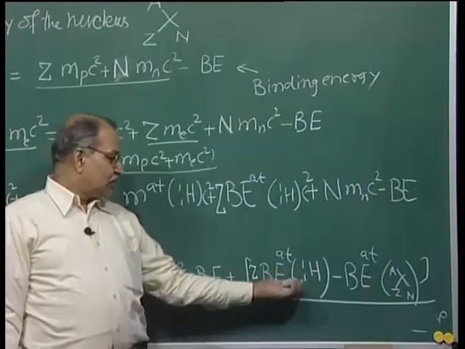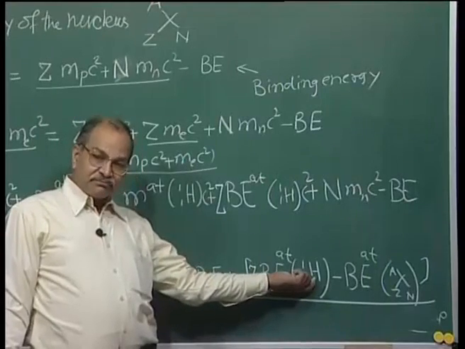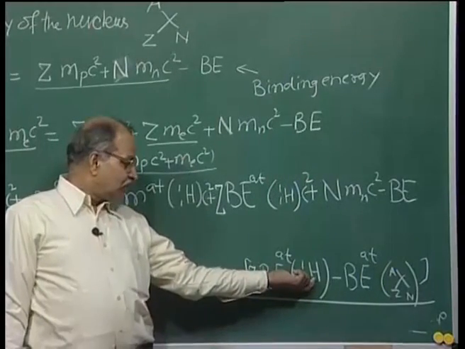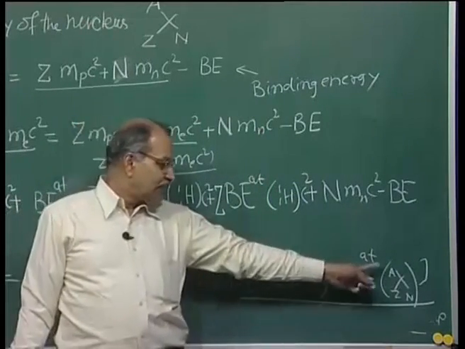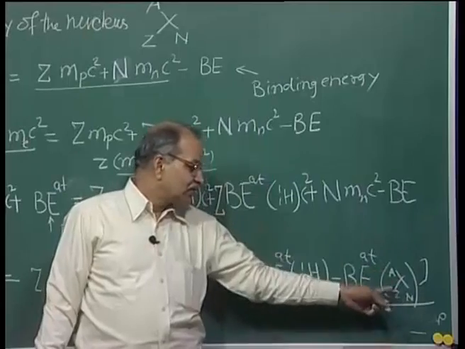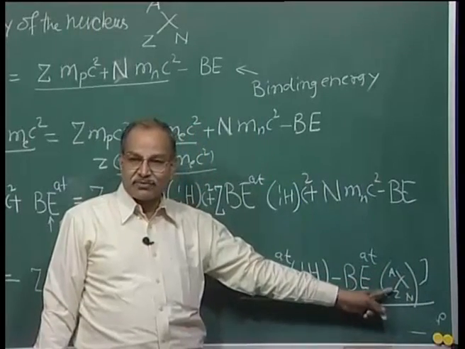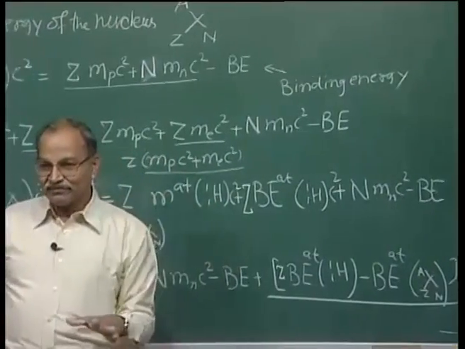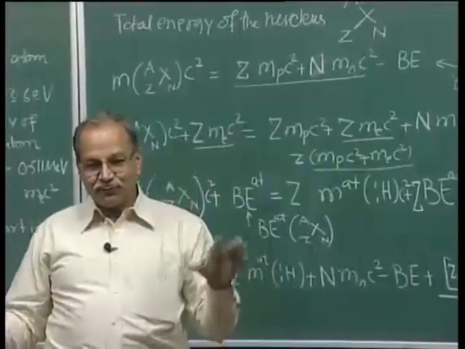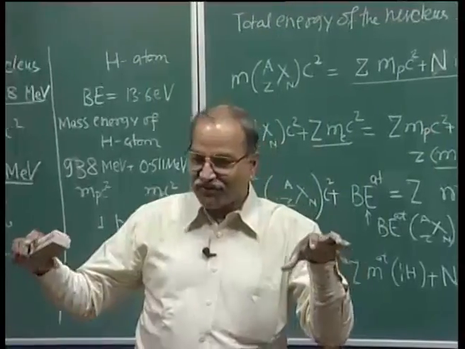Here you have hydrogen atom, binding energy of hydrogen atom multiplied by Z, and here you have atomic binding energy of this whole nucleus having Z protons. So, atomic binding energies are themselves small, and then here you have 2 atomic binding energies of comparable order.